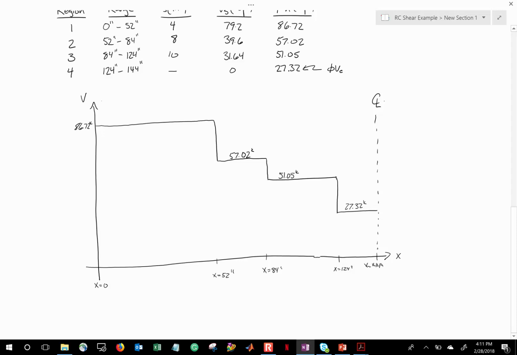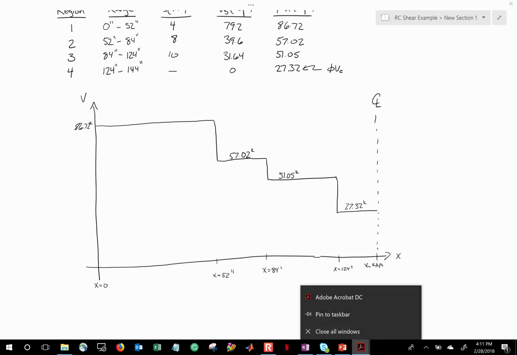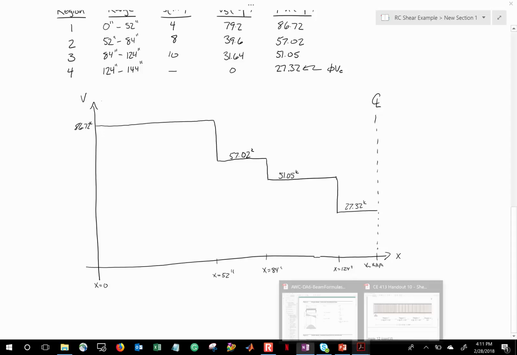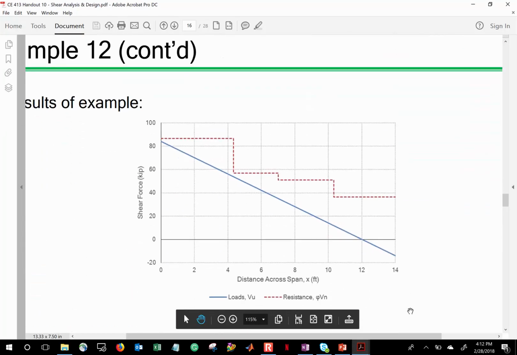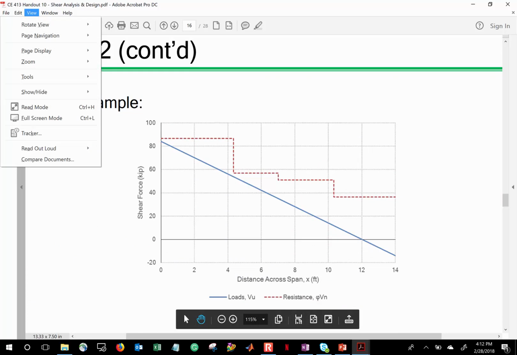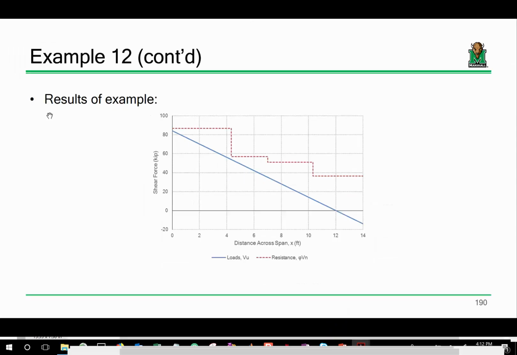What's really most important, though, is not just this by itself, but comparing that against the forces. If you go back to our slide handout and look at this, this really tells it all. So what we have here in this slide is exactly the results of this example.